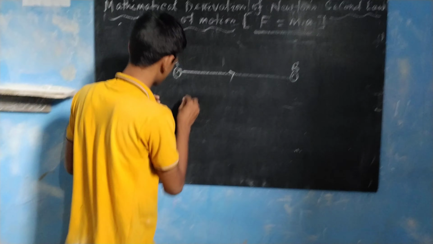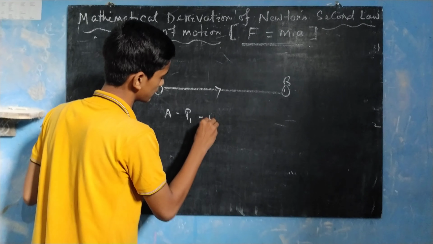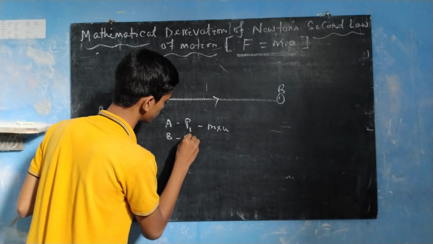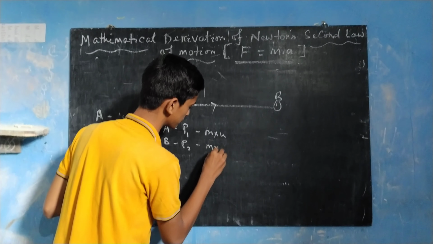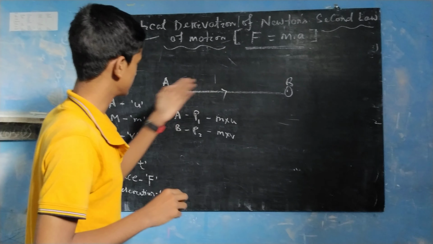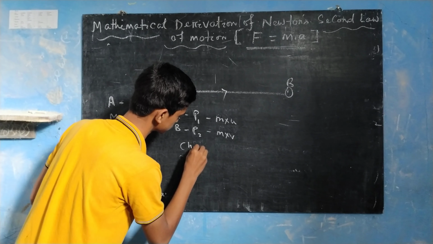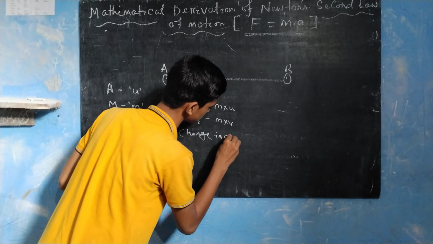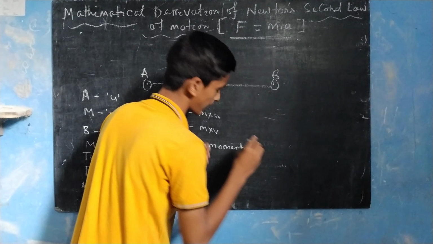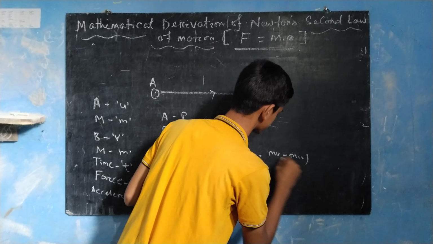Let at point A the momentum be P1, it is m into u, and at point B the momentum is P2, it is m into v. So friends, here we got two momenta, that is initial momentum and final momentum, and the change in momentum is final momentum minus initial momentum, that is mv minus mu.